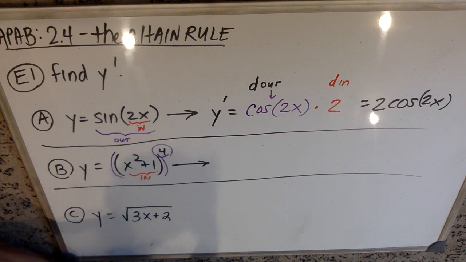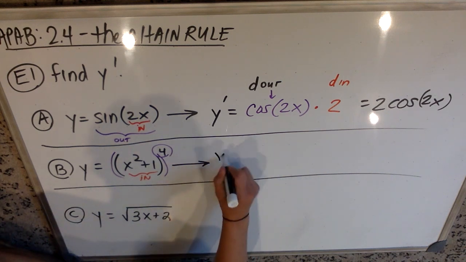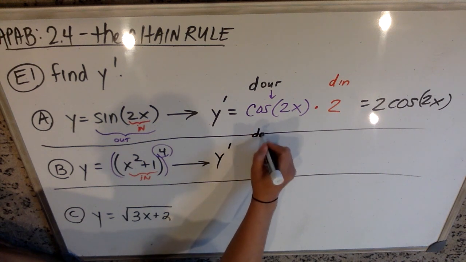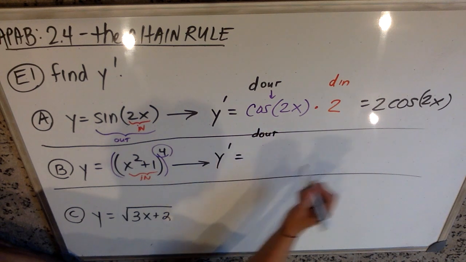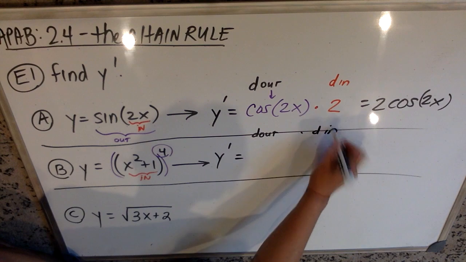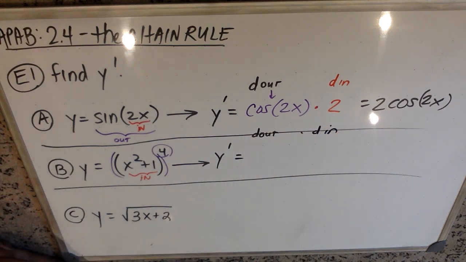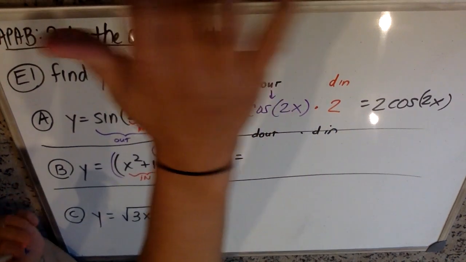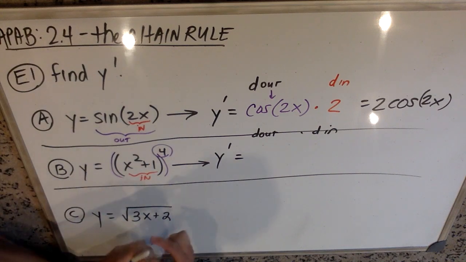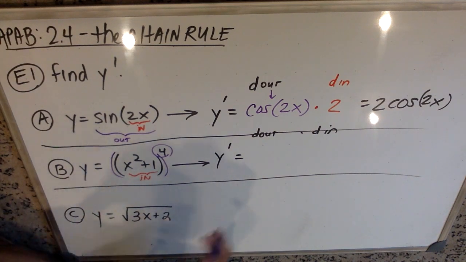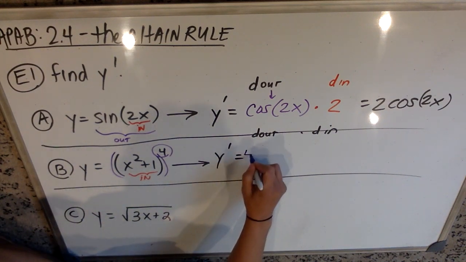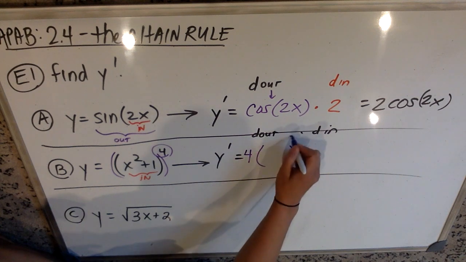So when I want to find my y prime, it's the derivative of the outside function times the derivative of the inside function. My outside function is stuff to the fourth. Sorry, computer fell asleep. So the derivative of stuff to the fourth is 4 stuff to the third.